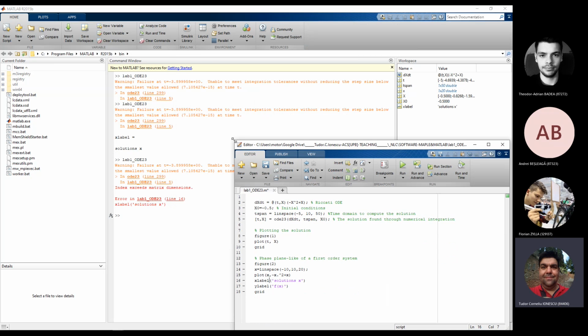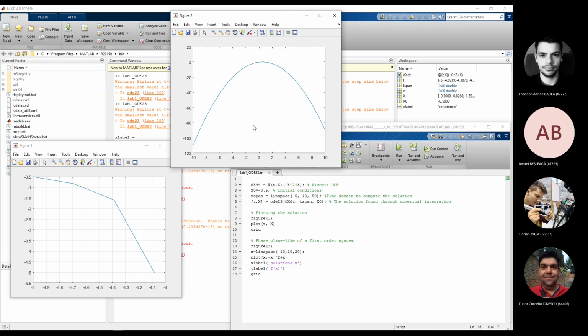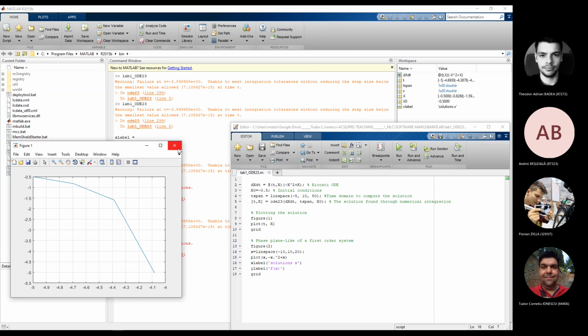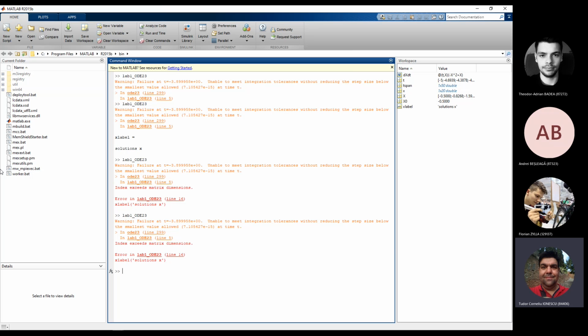You agree? I think so, but it has been some time since I used MATLAB. But you can use doc or help and then the command, and you will see how it needs to be done. Yeah, help. I can do help. Yeah, I know that. Help. Maybe I don't know something, or maybe it's not called x label.